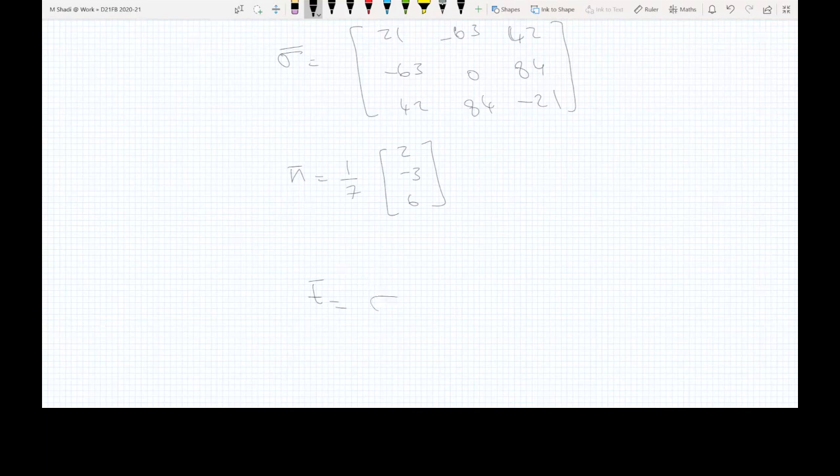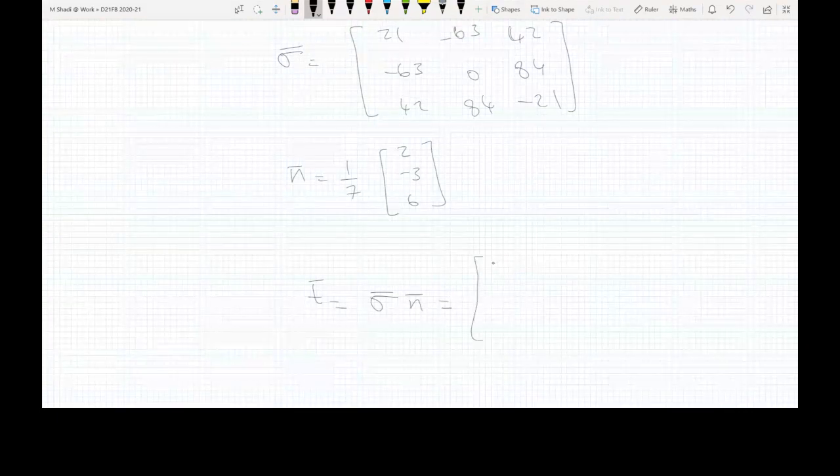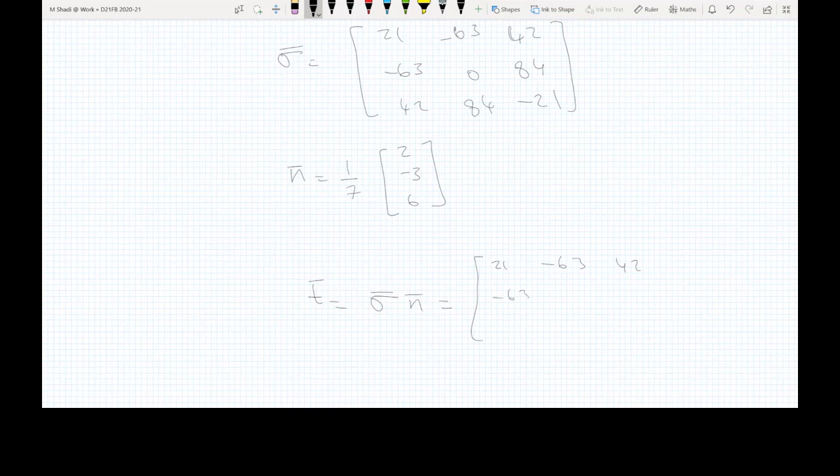So T is equal to sigma multiplied with n, where sigma is 21, 63, 42, 63, 0, 84, 42, 84, and minus 21. This is multiplied with this vector, 1/7, 2, minus 3, and 6.